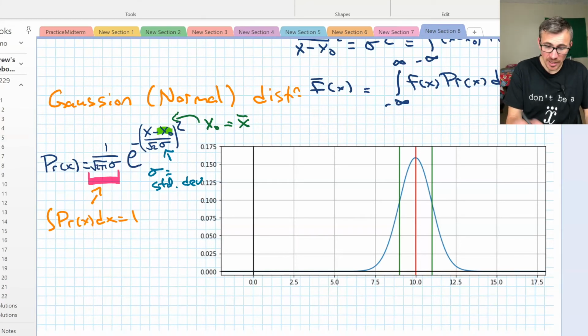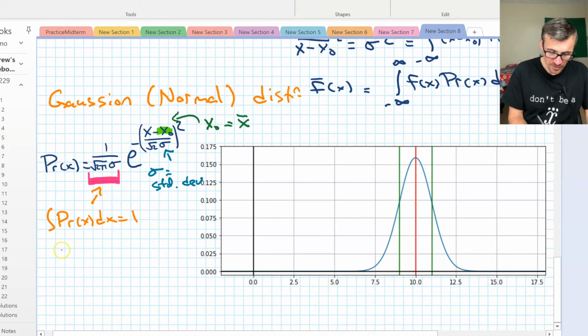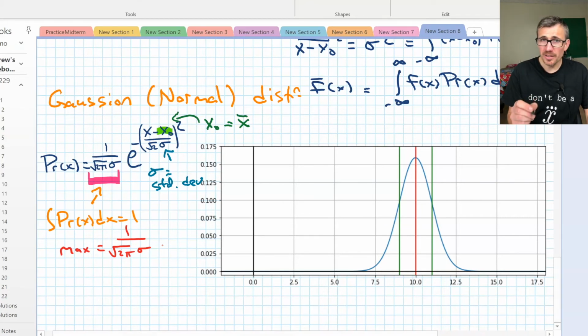Okay, so on this plot, let's just plug in a few things. What is the maximum value that this takes, by the way? The maximum probability is when x is equal to x naught, and that's going to be 1 over square root of 2 pi times sigma. Okay. How about for other values? Well, at some point, it's going to fall to 1 over e. 1 over e is this famous number that we always talk about. We had it for capacitors. It was that characteristic time scale. There's a characteristic deviation from the mean in this as well.